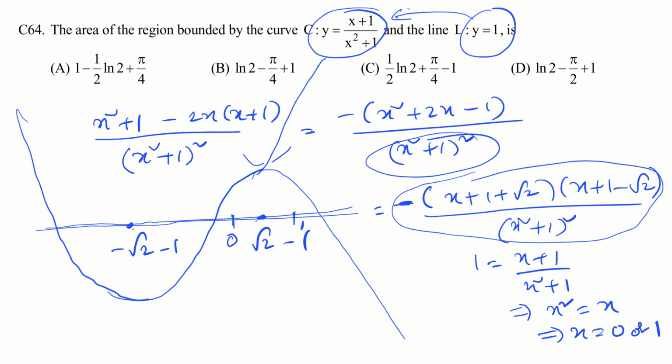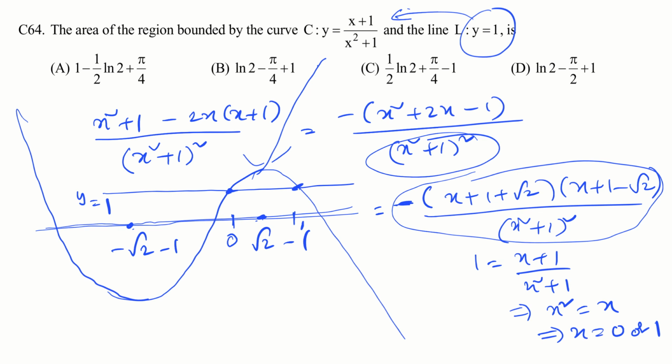Okay, now at 0 what is its value? At 0 it is 1, and at 1 what is the value? At 1 also it is 1 only. Therefore at 0 it is 1, at 1 it is 1. Now that is the line y is equal to 1. So you can see that between the common points the curve is lying above the line.